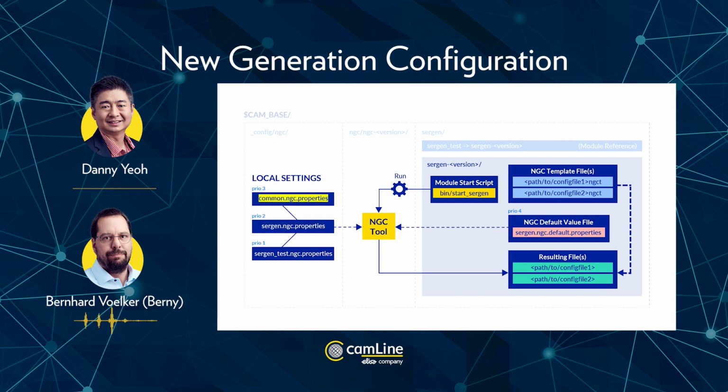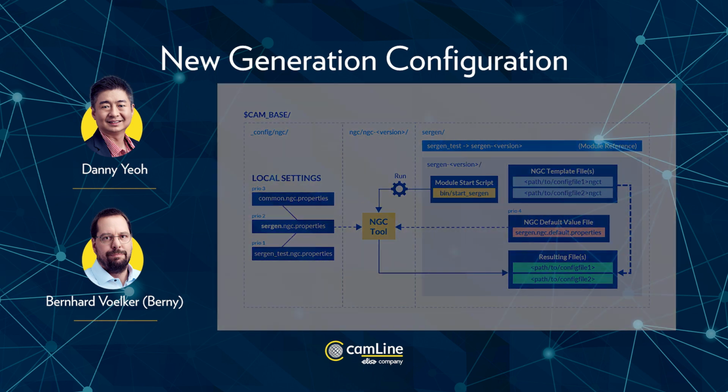Similarly, if the variable isn't available in both of the first priorities, then the tool will look into common NGC properties. As explained earlier, there is a default file that will be overwritten if there is a local configuration. Hence, this default configuration will be used if all the other three priority properties are not used.